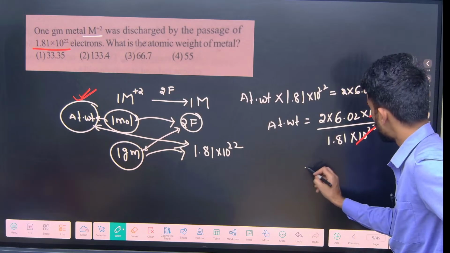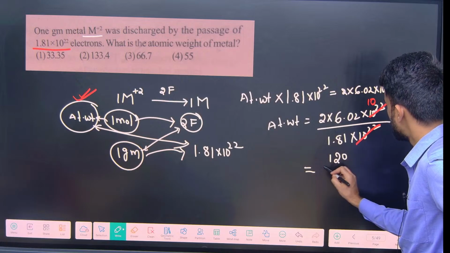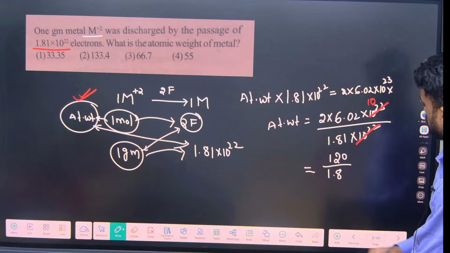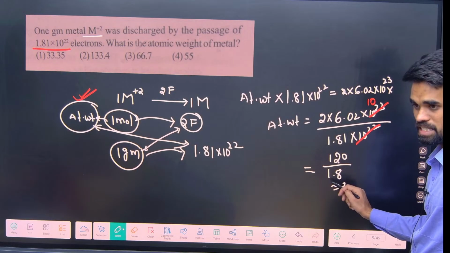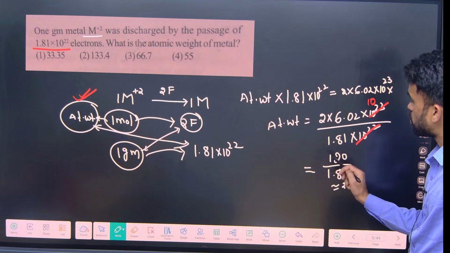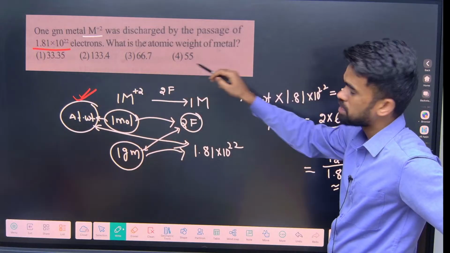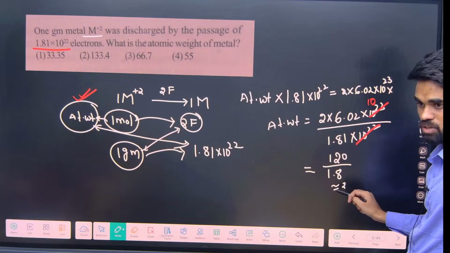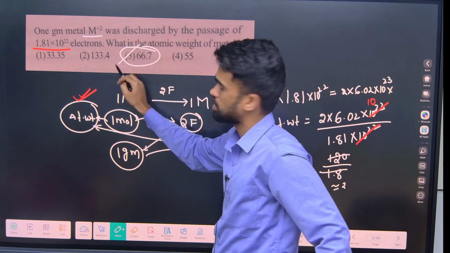Now atomic weight will be 60 into 10, 120, divided by 1.8. You just check, this is nearest to 2 but less than 2. So 120 by 2 means 60. Look at the options. 66.7, because it is less than 2. This is your answer.